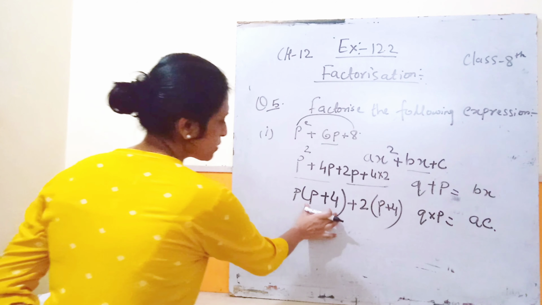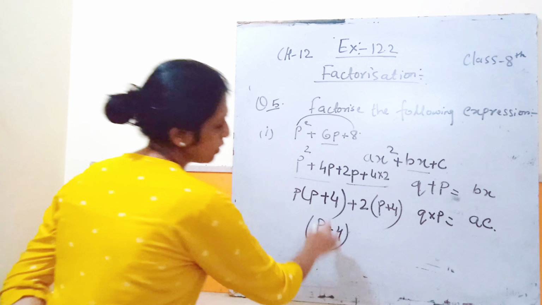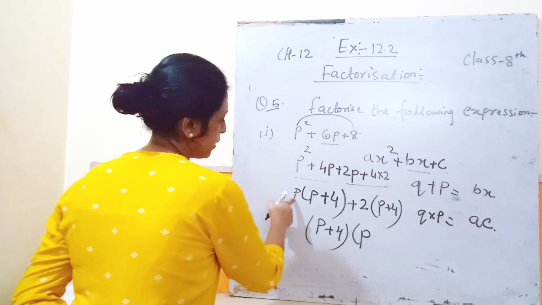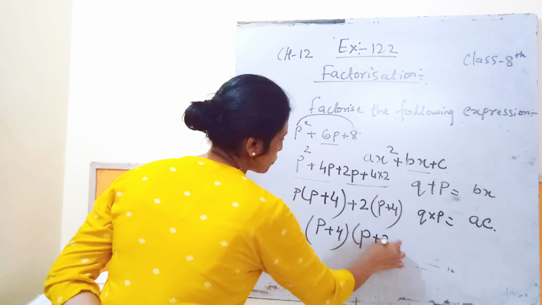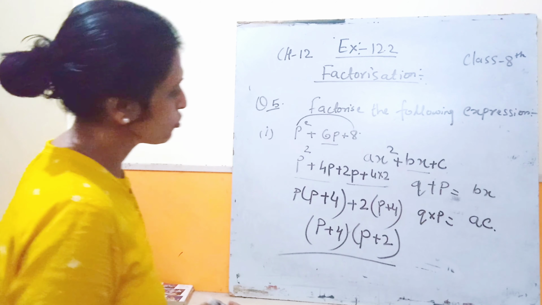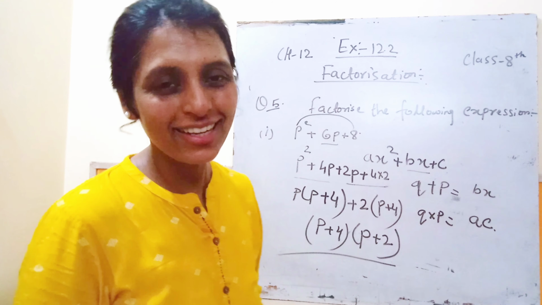Now this p plus 4, p plus 4, we will take as common, and then here we are left with p plus 2. So this is the way we have to factorize this expression, by splitting the middle term.